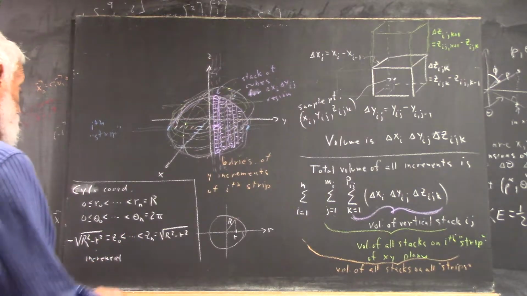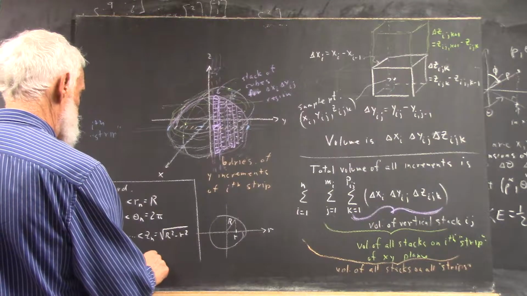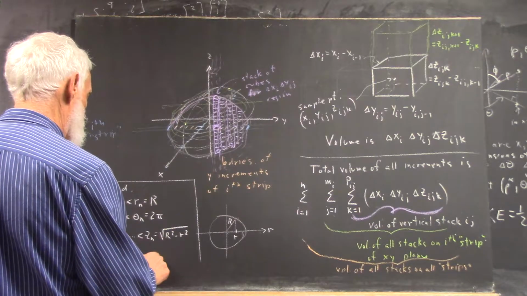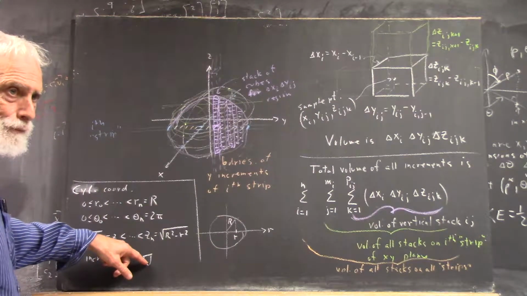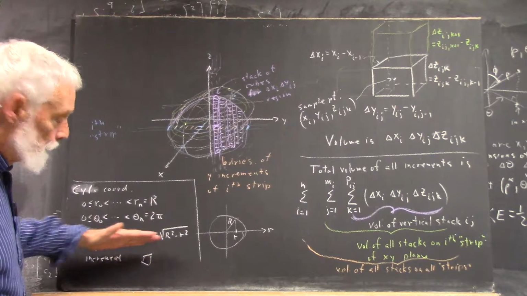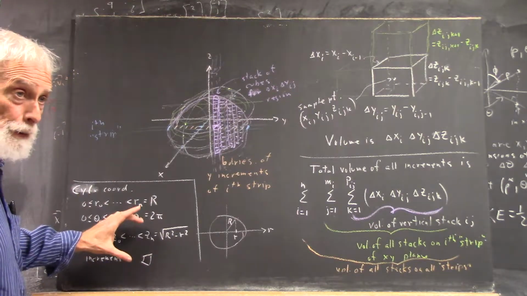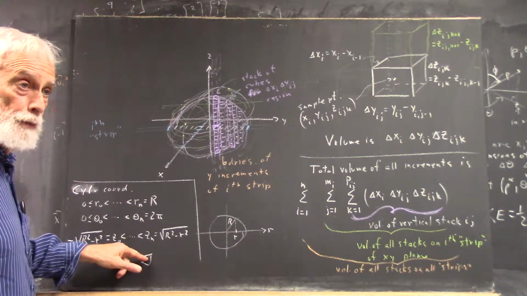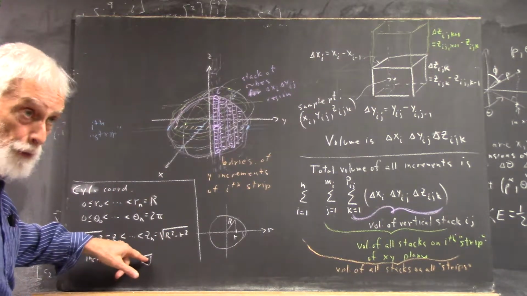Because remember that in polar coordinates, we really have arcs here and not quite parallel lines here. Now I've exaggerated because, of course, as your increments get very small, you won't be able to distinguish between this and a rectangle. Now we've already talked about that.